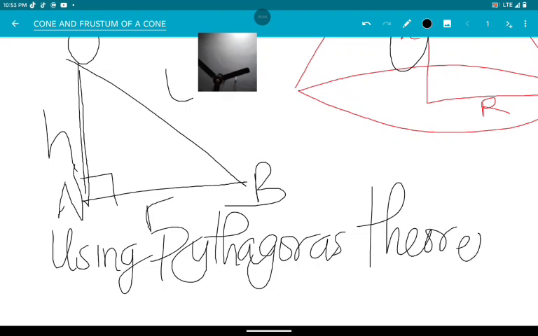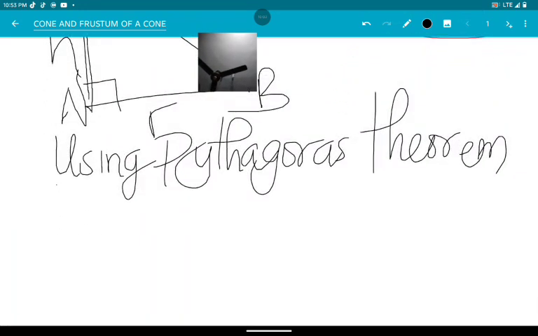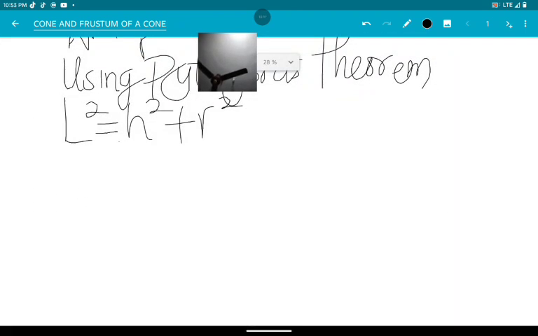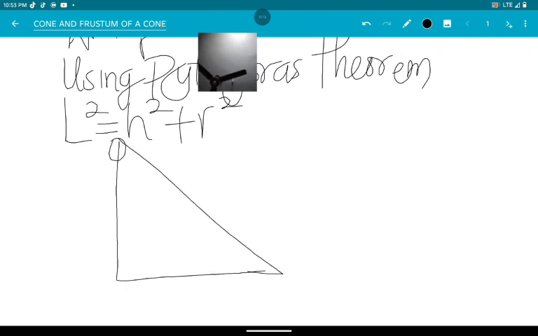So if I use Pythagoras theorem, I'm going to have small l square is equal to small h square plus small r square. Then if I draw out the bigger triangle too, you have the big L here, you have the big H here, and you have the big R here.